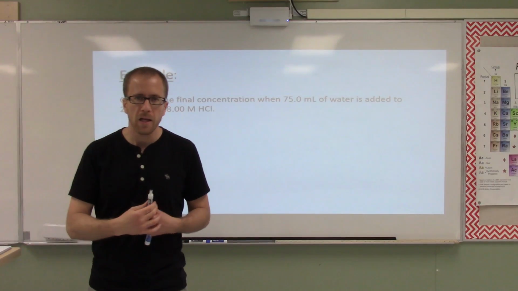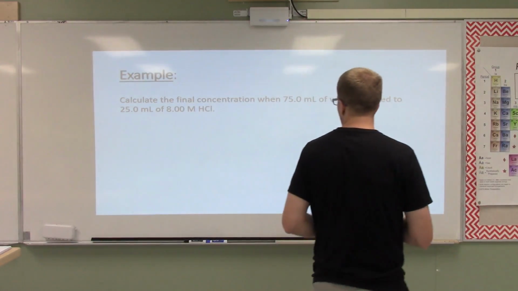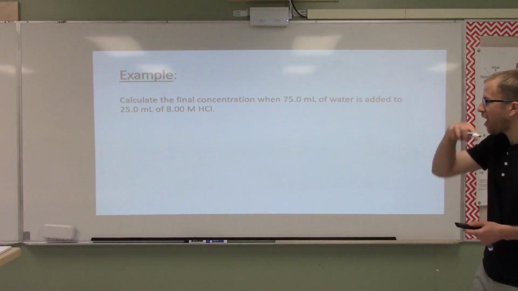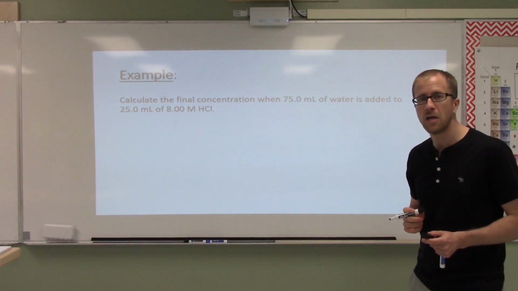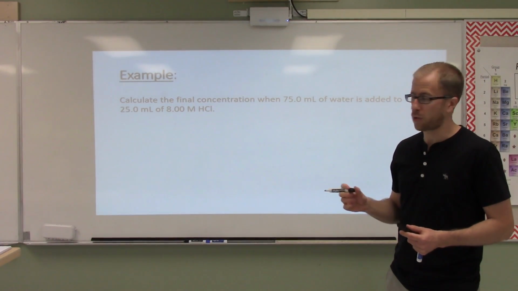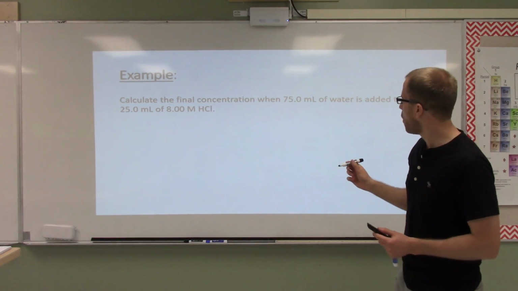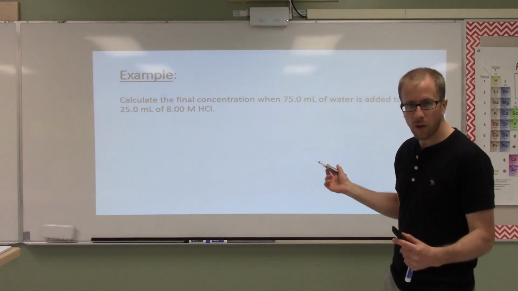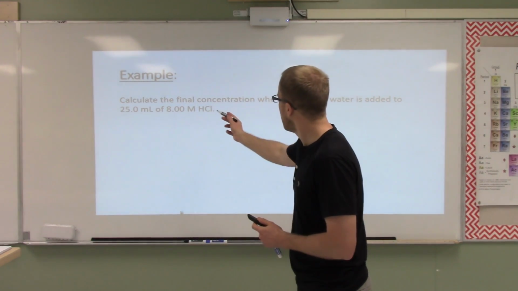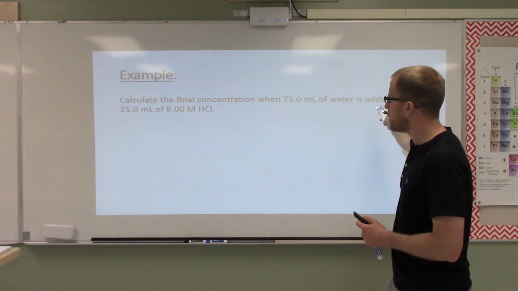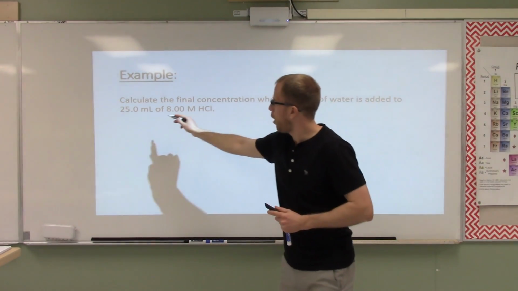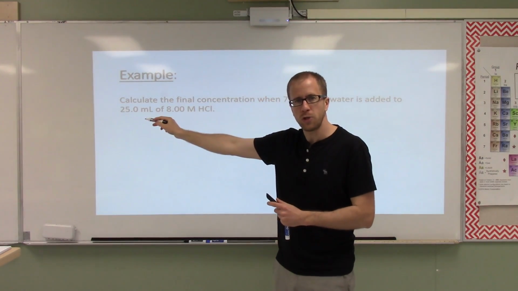Calculate the final concentration when 75 milliliters of water is added to 25 milliliters of 8 molar hydrochloric acid. So what are we given? We are given a volume of water that is added to our initial solution.